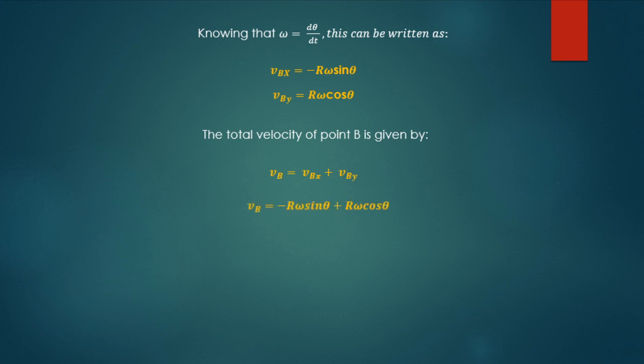We can substitute: negative r omega sine theta plus r omega cosine theta. But what we are getting here is the instantaneous velocity of a particular point.